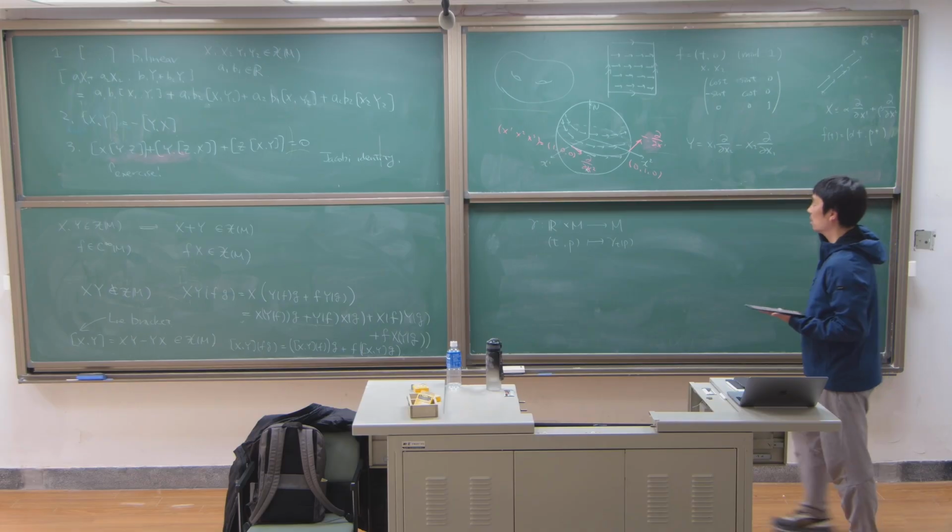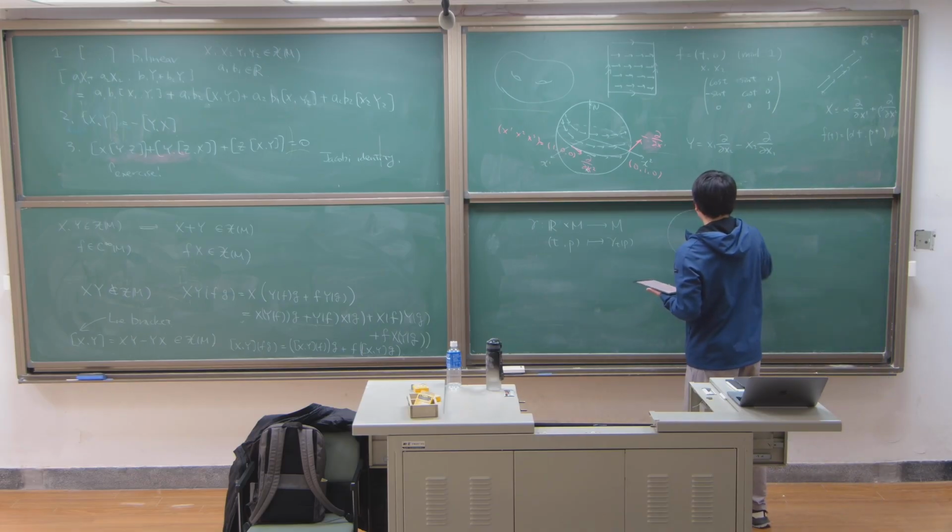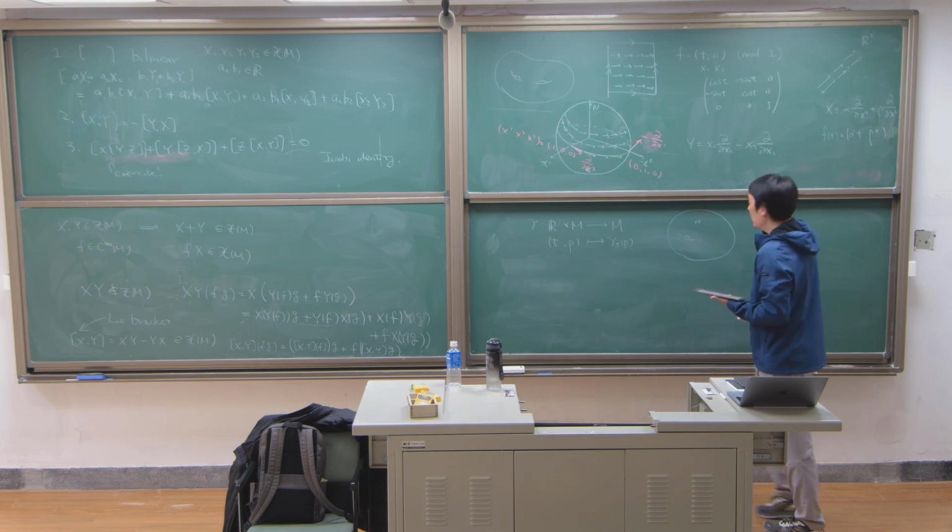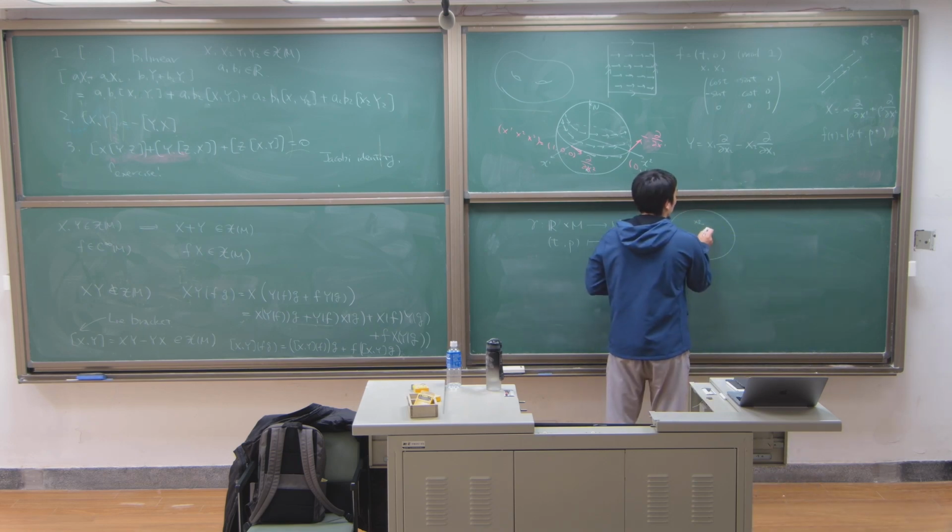You have a manifold and a start point P, and there's a vector field, and you move along this curve gamma of t.